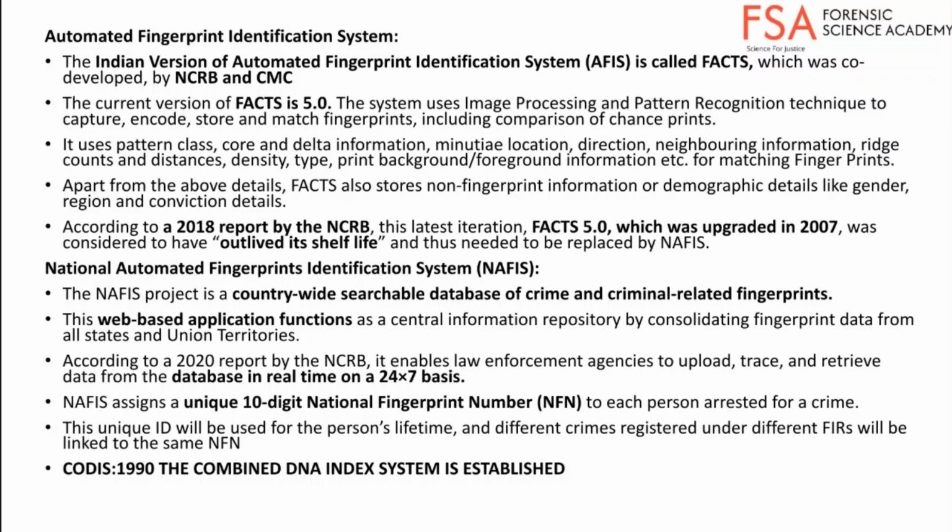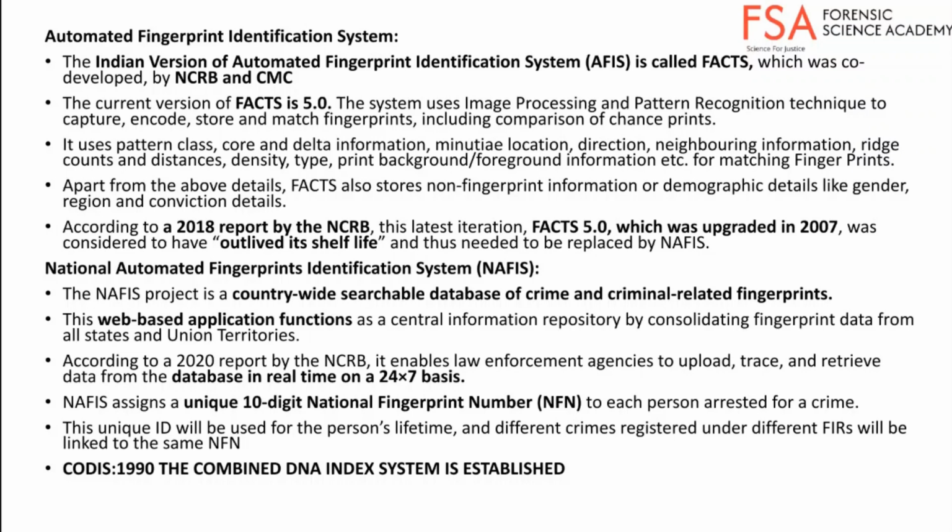According to a 2018 report by the NCRB, this latest iteration, that is FACTS 5.0, which was last upgraded in 2007, was considered to have outlived its shelf life and thus needed to be replaced by NAFIS. NAFIS is the National Automated Fingerprint Identification System, and it is a country-wide searchable database of crime and criminal-related fingerprints.